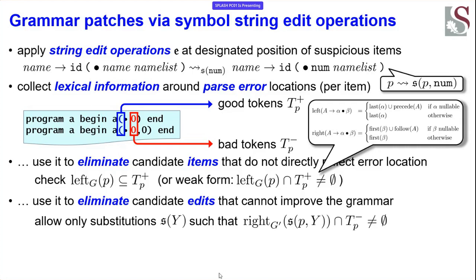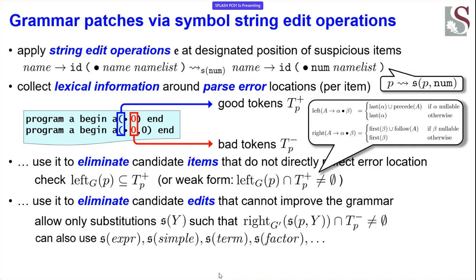That's our basic assumption. So we can use this to rule out possible edits that cannot improve the grammar. In this case, replacing name by none satisfies this, but it's not the only one. There is a number of possible substitutions that could be used, right? In effect, anything that contains num in its first set can be used to replace name.